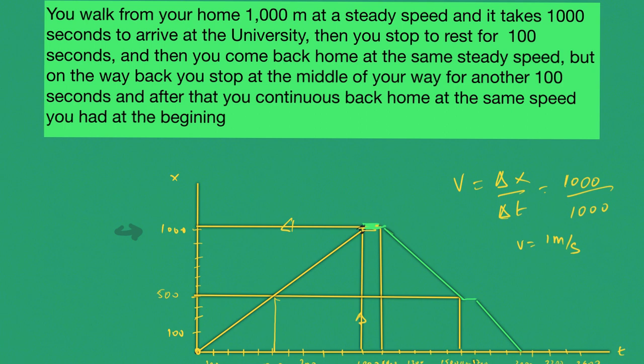Apparently the graph will cross the axis at 2,000, but I think it's wrong. It should be 2,200. You can check it, because on the first step you take 1,000 seconds, then you stop 100 seconds. Later on you move 500 meters, all this distance to 500, so at 1 meter per second it will take you 500 seconds.